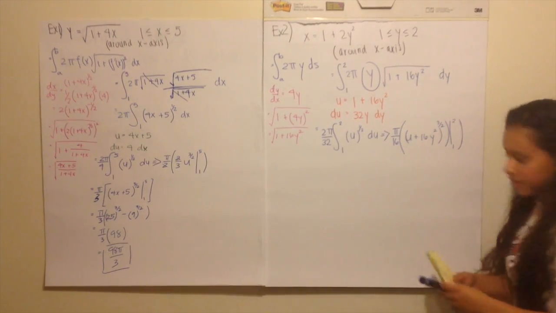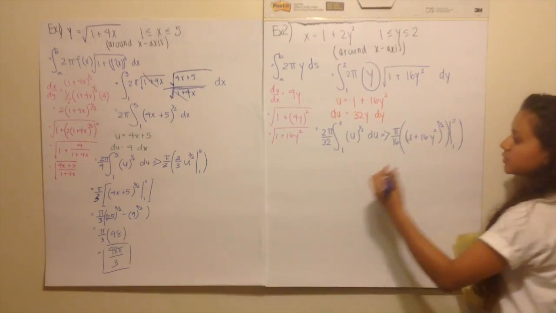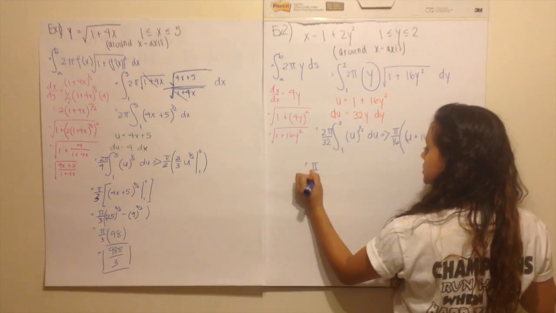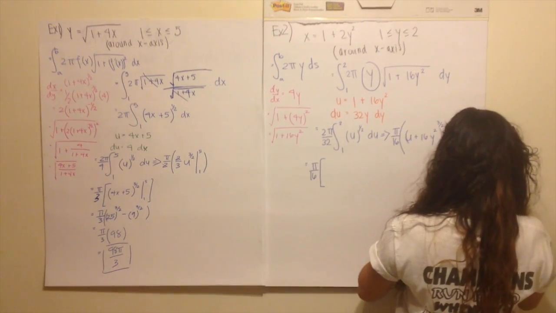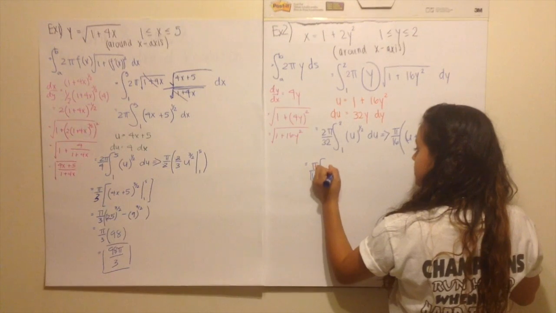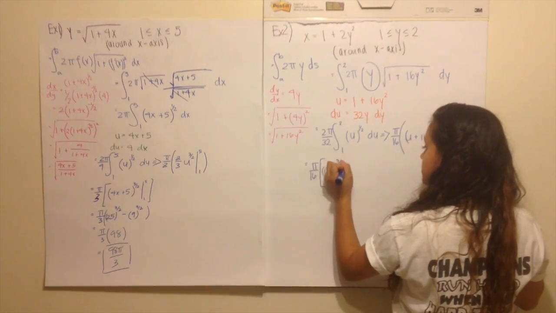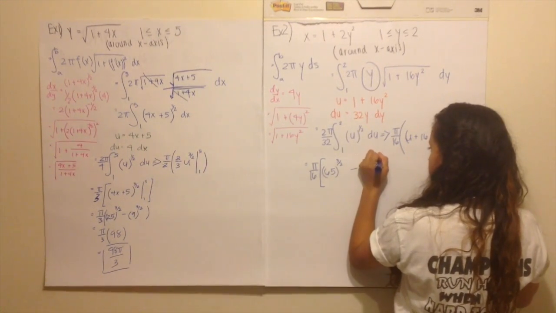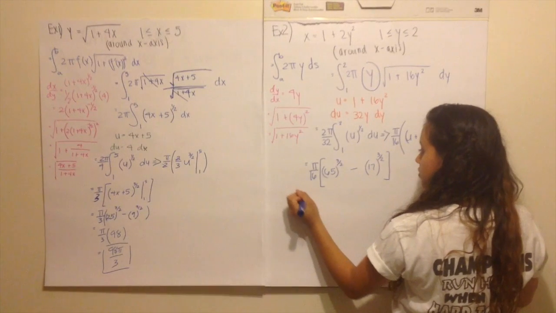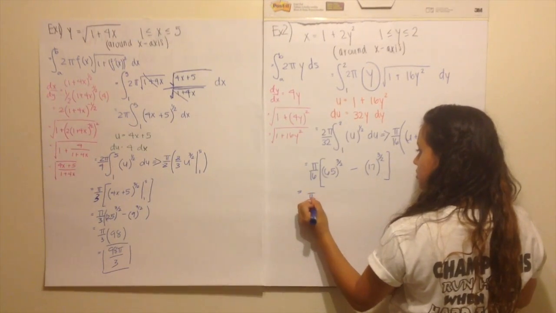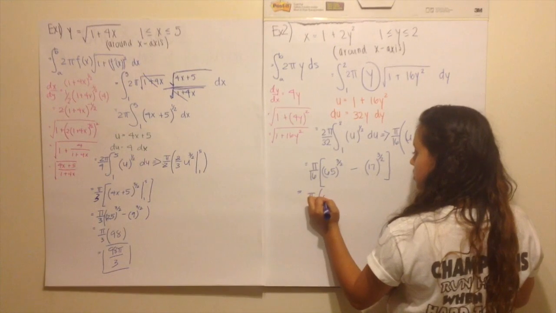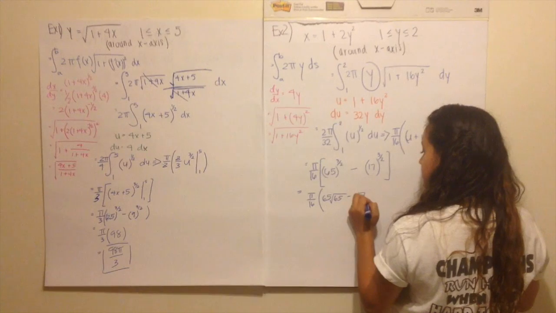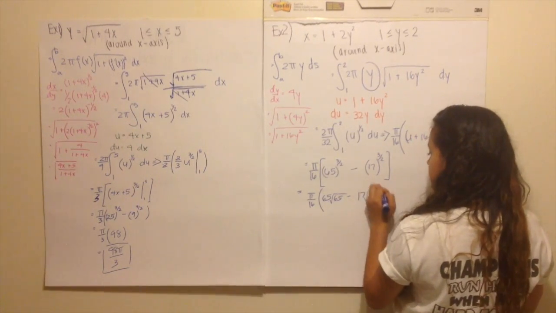Having that, we can now just plug in our intervals. So when we plug in our intervals, we get pi over 16 times 65 to the power of 3 over 2 minus 17 to the power of 3 over 2, which our final answer would be 65 times the square root of 65 minus 17 times the square root of 17.